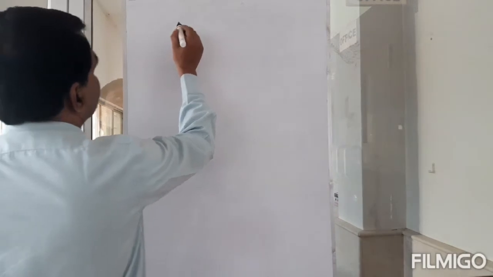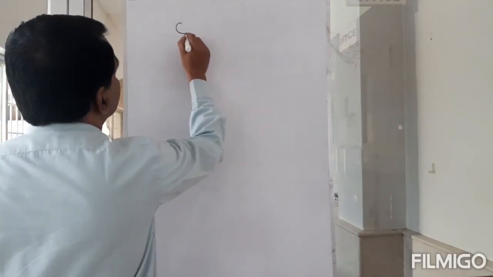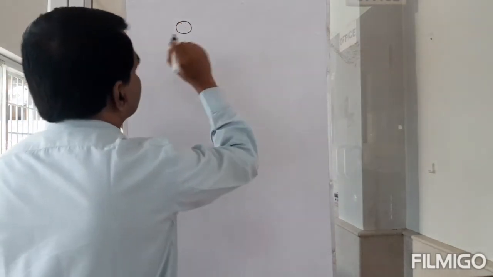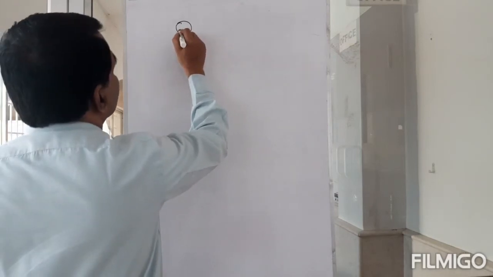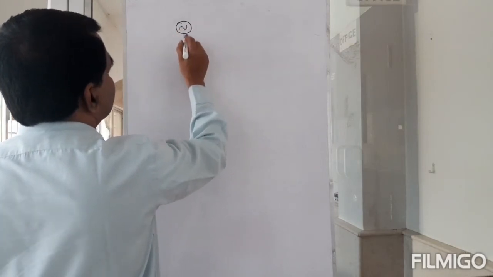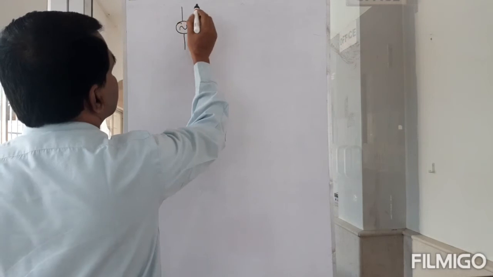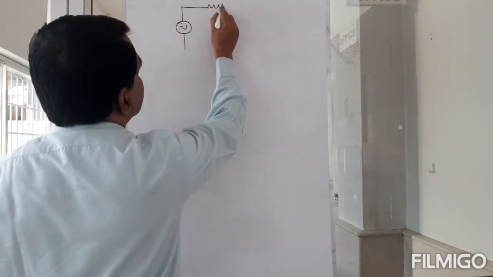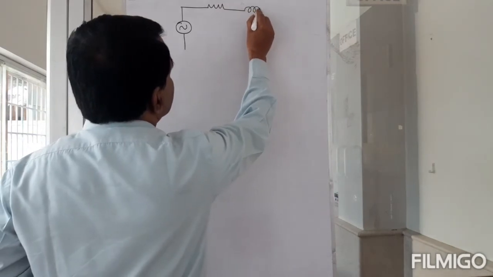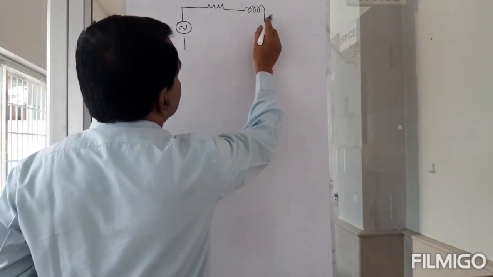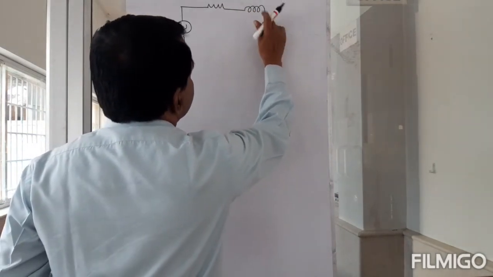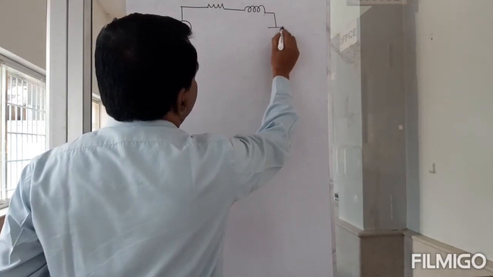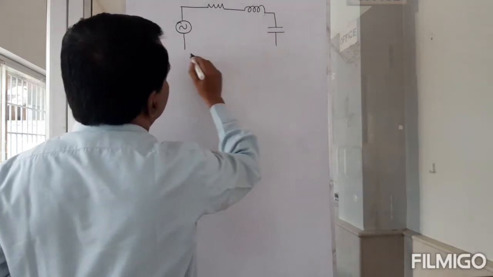This is my circuit. This is my AC power supply, and then I have a resistor and an inductor and also a capacitor.